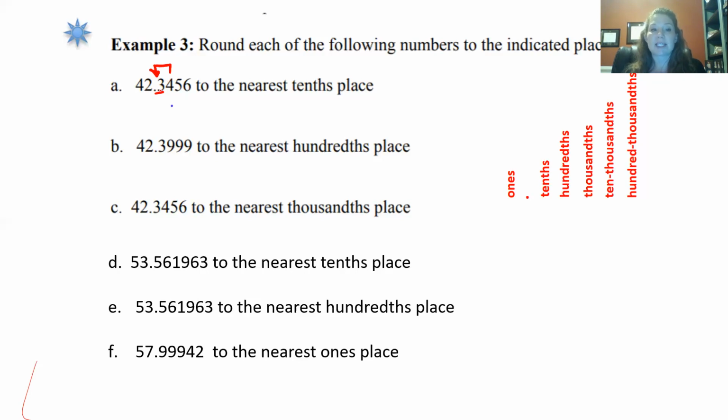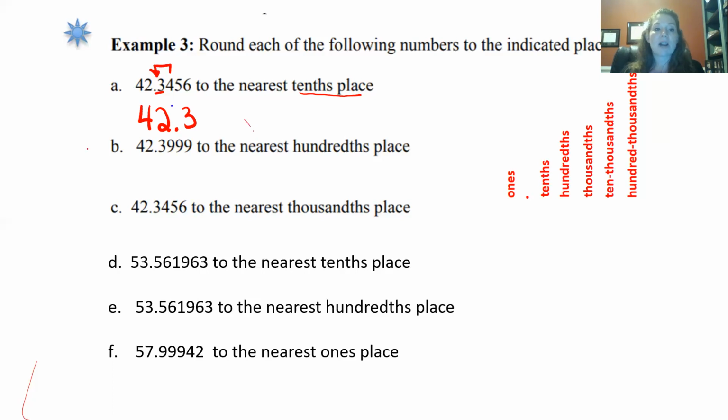So it either is going to stay a 3 or turn into a 4. Those are my only 2 choices. Well, since this number is 0, 1, 2, 3, or 4, that means my 3 does not change. So rounded to the nearest tenths, my answer is 42 3/10. Now, whatever place it says to round to, every digit after that number gets dropped.